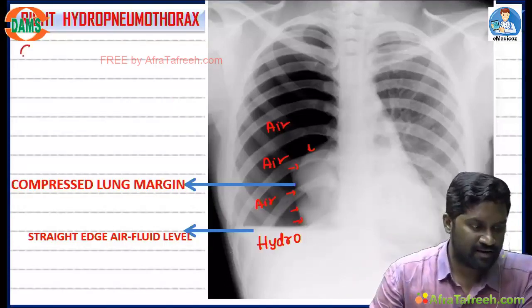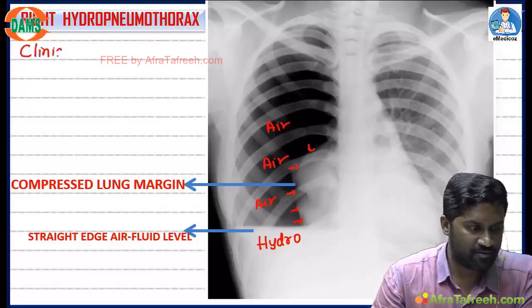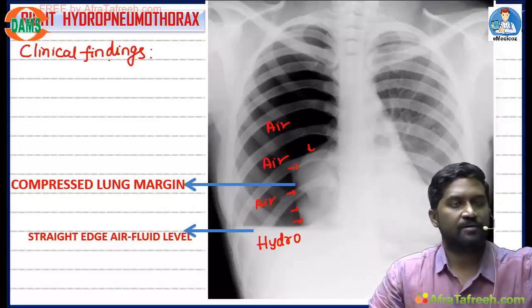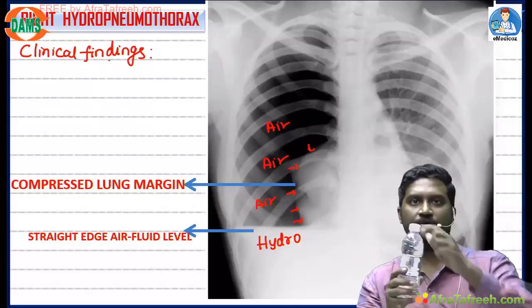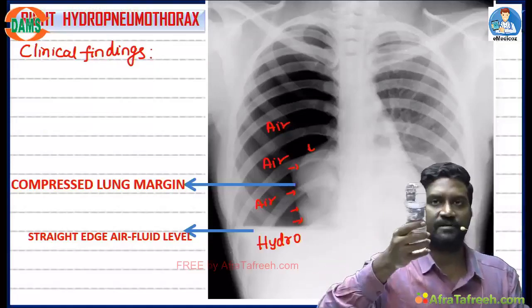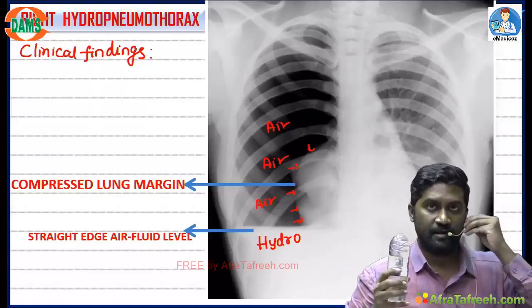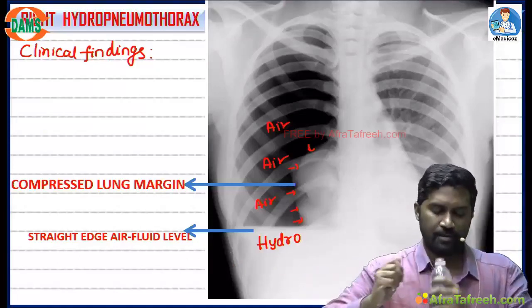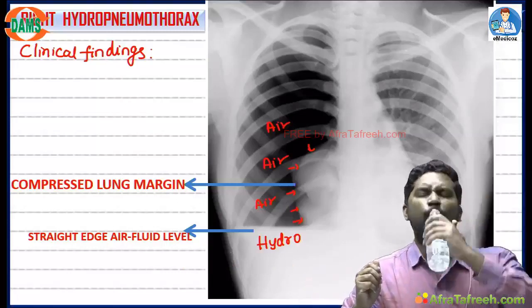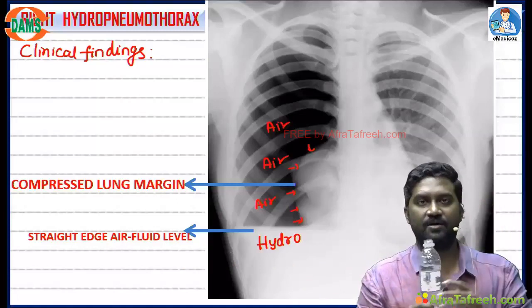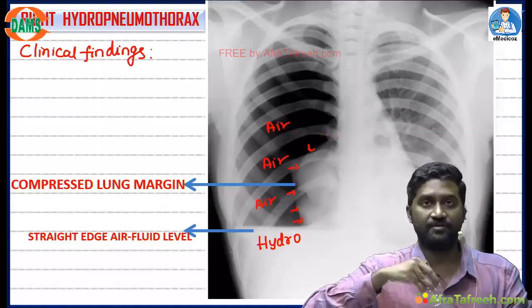Coming to the clinical findings in hydropneumothorax. Now consider this is a bottle completely filled with water. This is equivalent to pleural effusion. Now let me convert this into hydropneumothorax. Hydropneumothoraxes generally are iatrogenic.